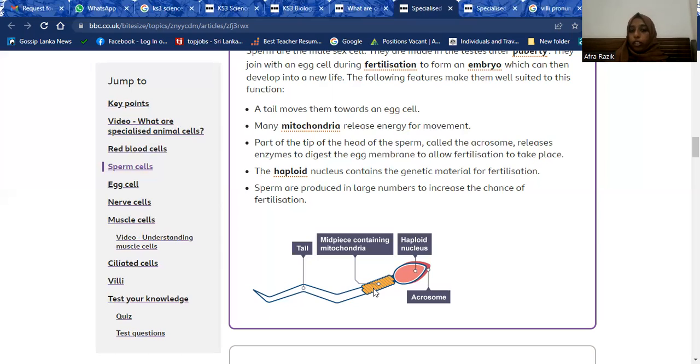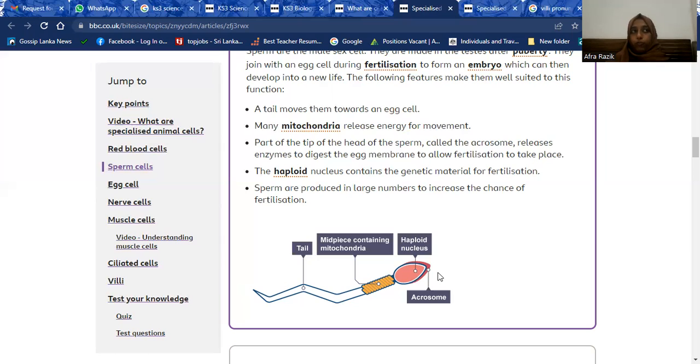Next one, the tip of the head of the sperm, called the acrosome, releases an enzyme to digest the egg membrane to allow fertilization to take place. In the head part, at the tip, there's a structure called the acrosome. This acrosome contains enzymes, right?